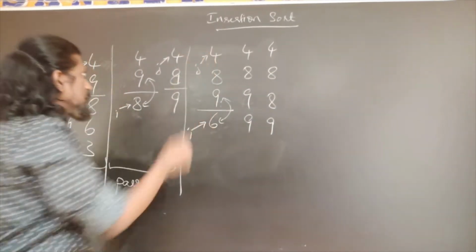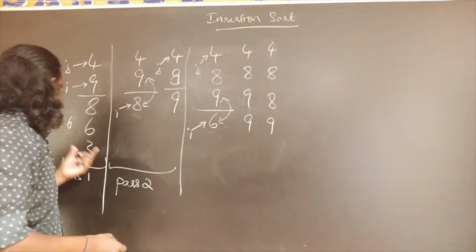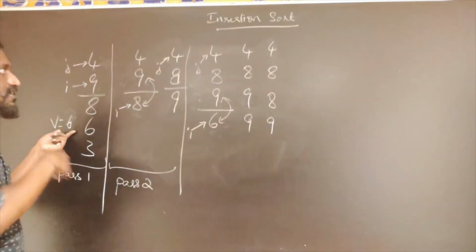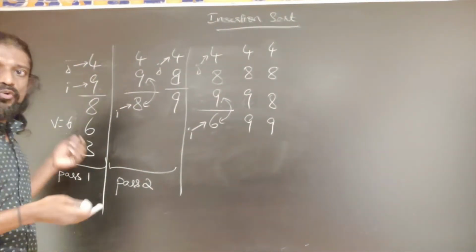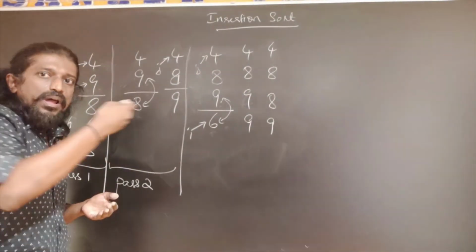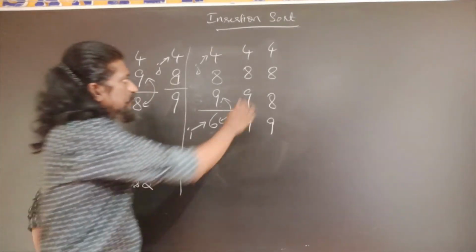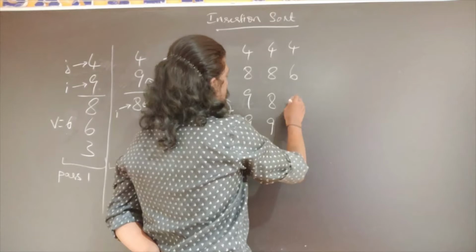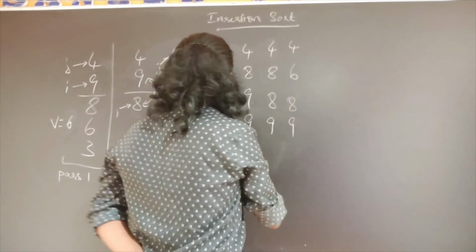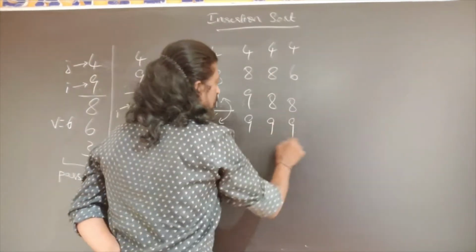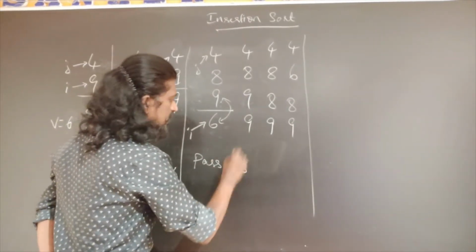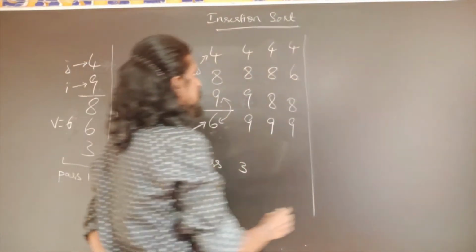When j gets decremented, it will point to the first element. Now 6 is compared with 4. We find that 6 is greater than 4. So 6 has to come to a position one after 4. This is the empty slot that we have, so 6 gets inserted here: 4, 6, 8, 9, and you can see these 4 elements are sorted. So this is pass 3 of insertion sort.